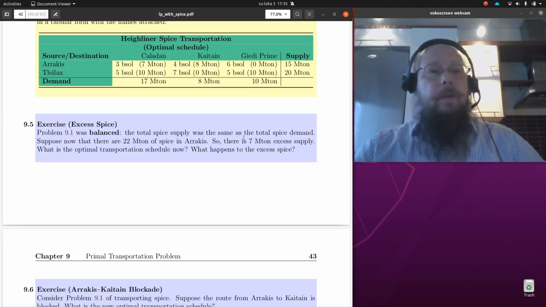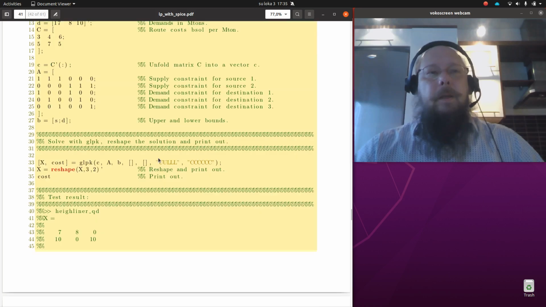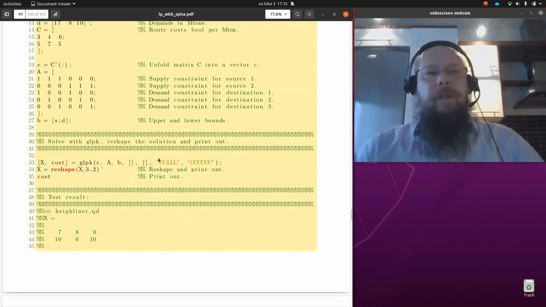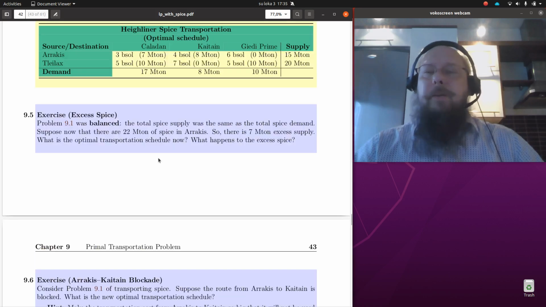The first question is, what is the optimal transportation schedule now? I think it's relatively straightforward. As a hint, look at the solution above, highliner underscore quick and dirty. You can modify this. I don't think it's too difficult to do that.